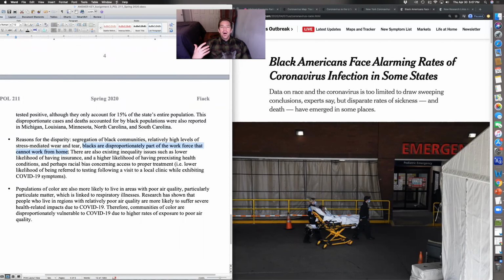So a lower likelihood of working from home. So this particular population is commuting to work, maybe using public transportation when you're in a major city. But nonetheless, you're going to work, you're not working from home, you're spending more time outside of the home. So therefore, you might be more likely to contract it, right?